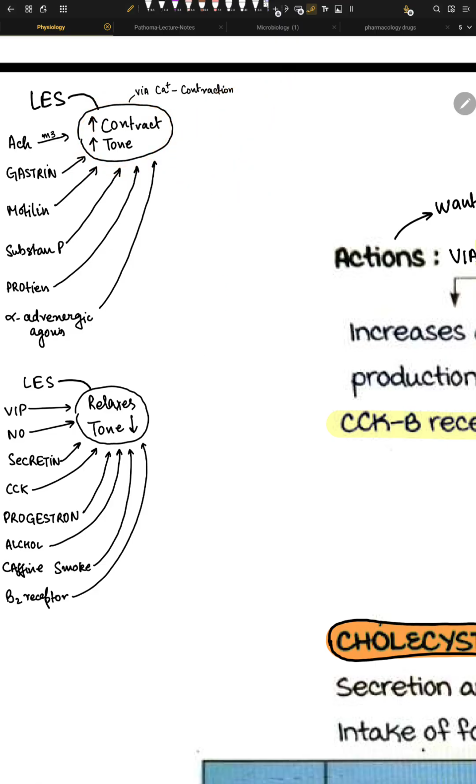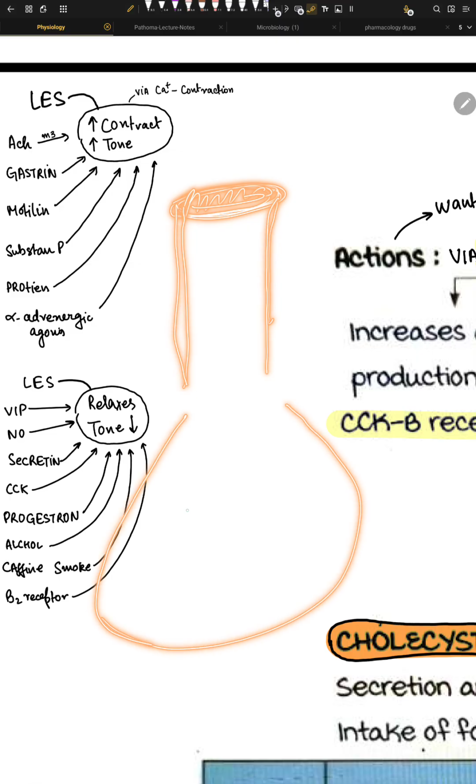For example, I will make a diagram. This is the start of your buccal cavity. This is your pharynx or larynx, whatever you want to say. Imagine this, okay? And now I'm starting the esophagus. And right here is my stomach. This part is my sphincter.